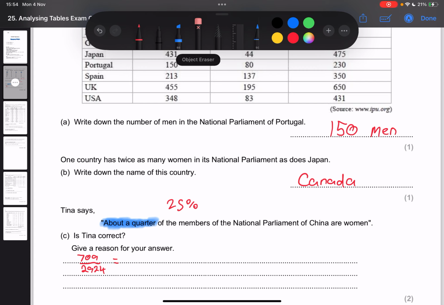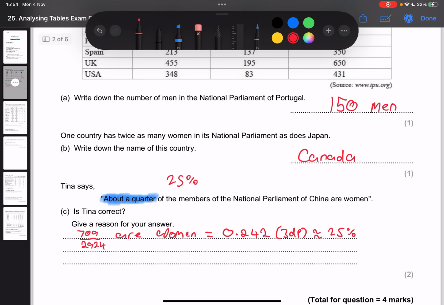are women. And what is are women, which is, and then if you type 709 over 2,924, that gives you 0.242 to 3 decimal places, which is approximately 25%.